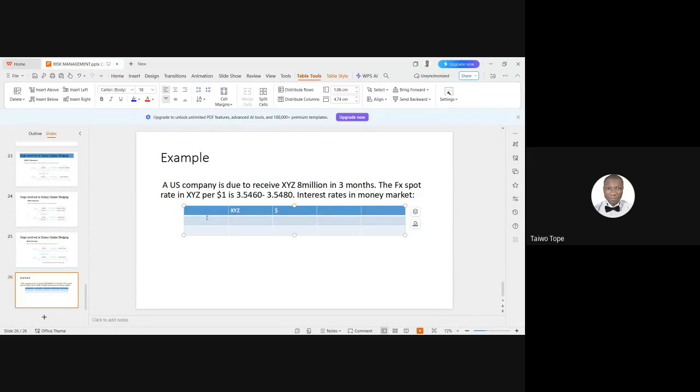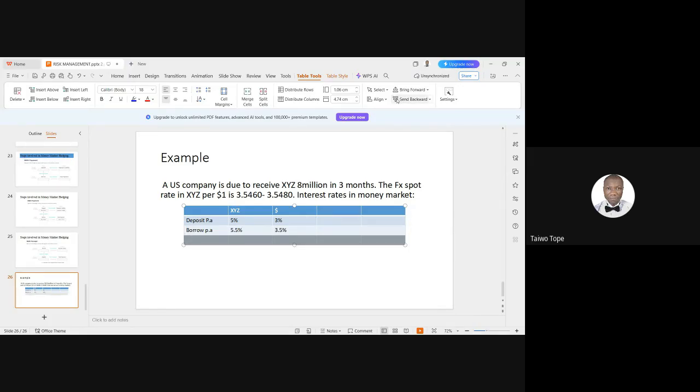Deposits per annum: the interest rates will be 5% for this and 3% for this. When you borrow, interest rates per annum will be, let's say, 5.5% for this, and 3.5% for this.